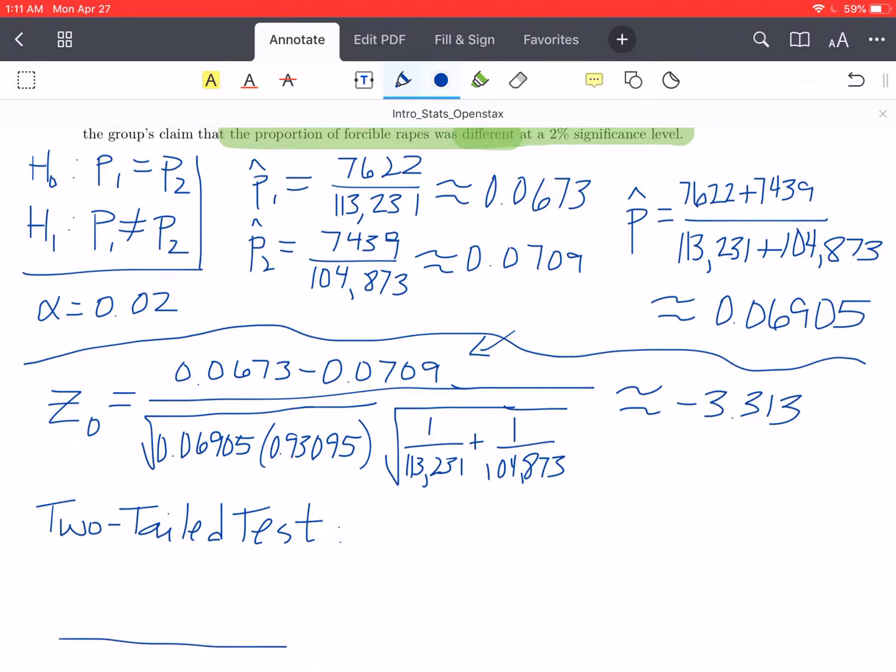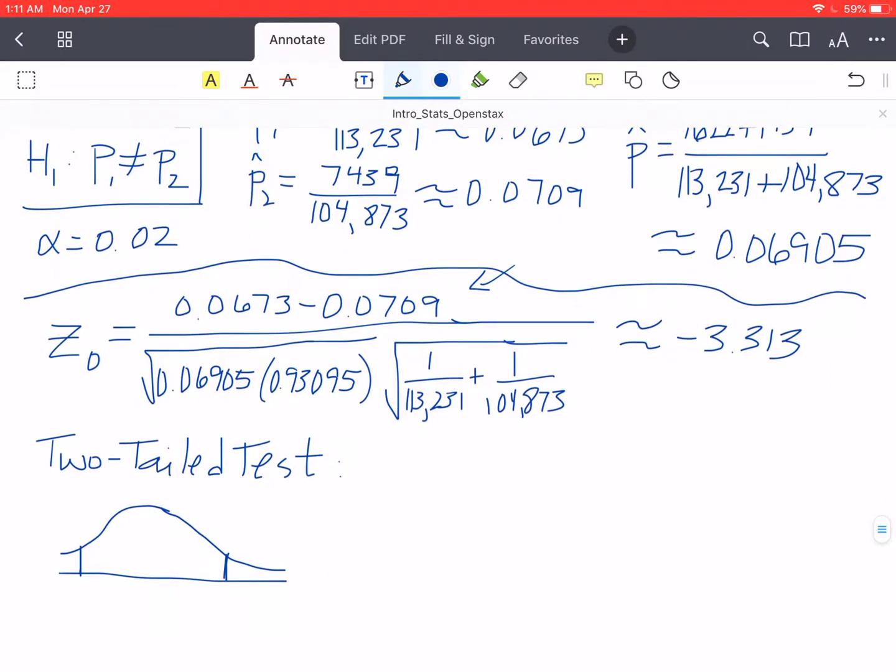Greater than or less than. So here we have our normal curve, and we're going to have our two test statistics, negative 3.313 and positive 3.313. How do we know they're the same? Because of symmetry. Normal curves are symmetric.